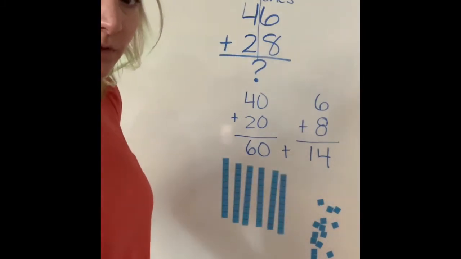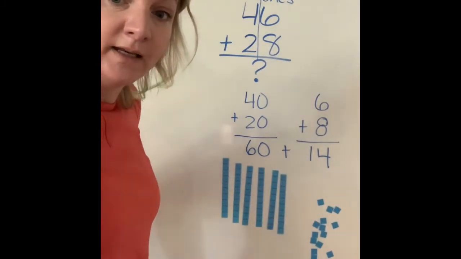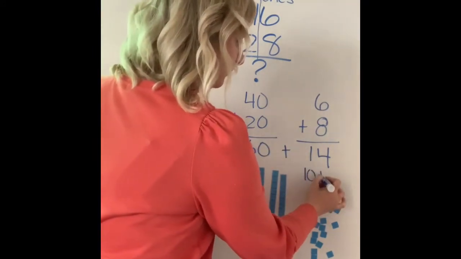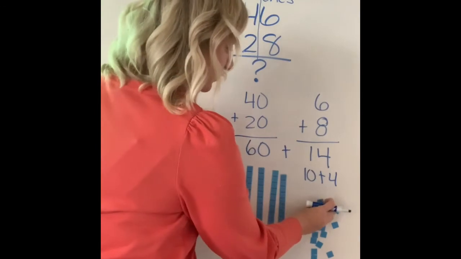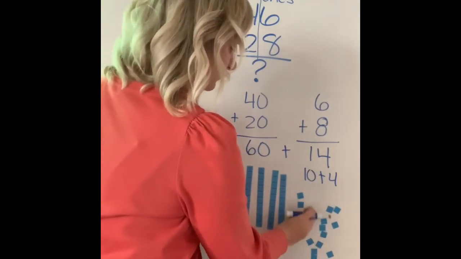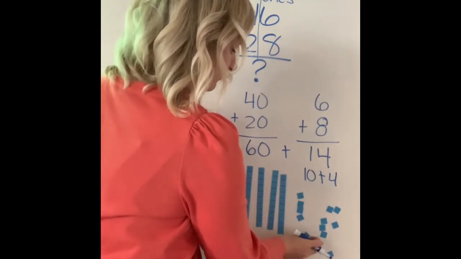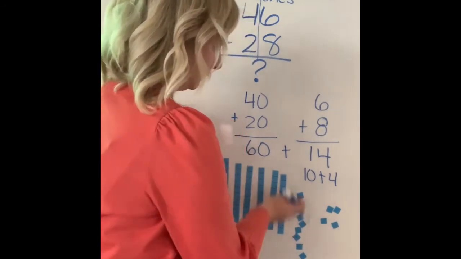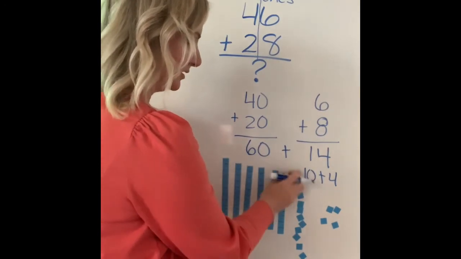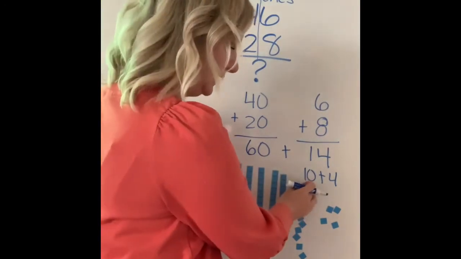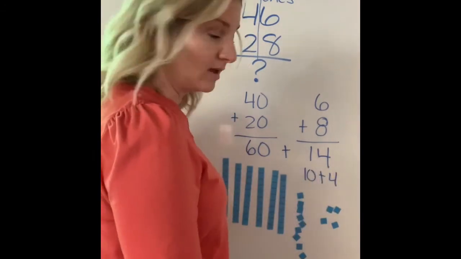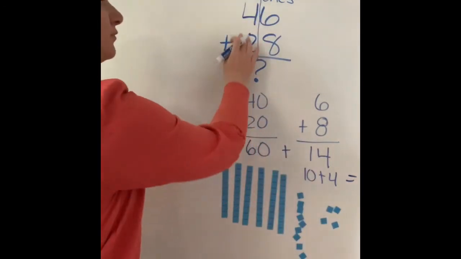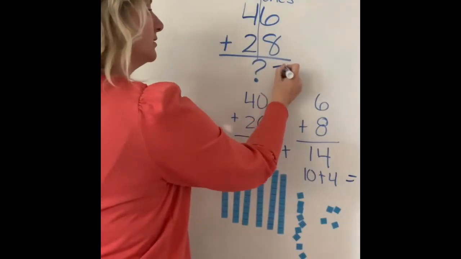Again, I can split this 14 into an easier number to add. So that would be a 10 and a 4. So I have another 10 to add here, which makes another 10. So 60 plus another 10 is 70. Plus 4 more is 74. So 46 plus 28 equals 74.